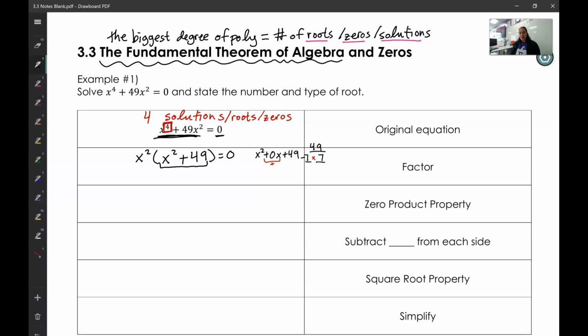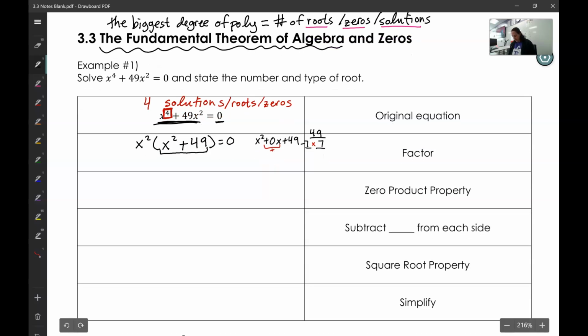If it can't be factored, we've got to do the quadratic formula. So let's start with this. I know that x squared is a solution, so I'm going to set that one equal to 0. And I'm going to set x squared plus 49 equal to 0.